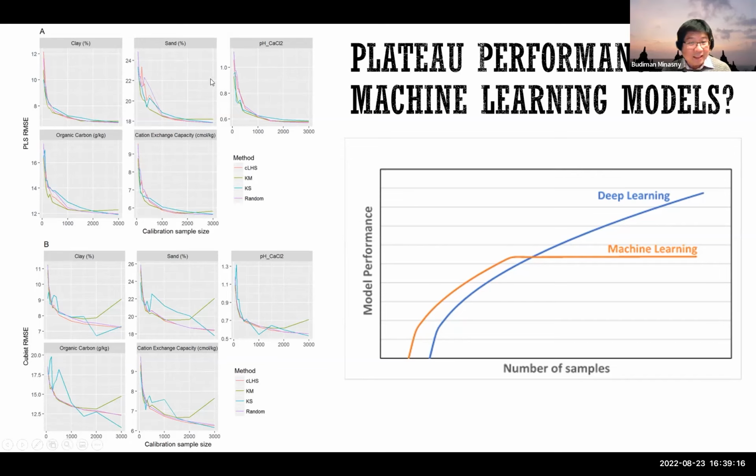Indeed, in terms of PLS, you can see that with the number of samples, going from 2000 to 3000, you can't really decrease the error much more. You only need even 1,000 samples to get a decent calibration.